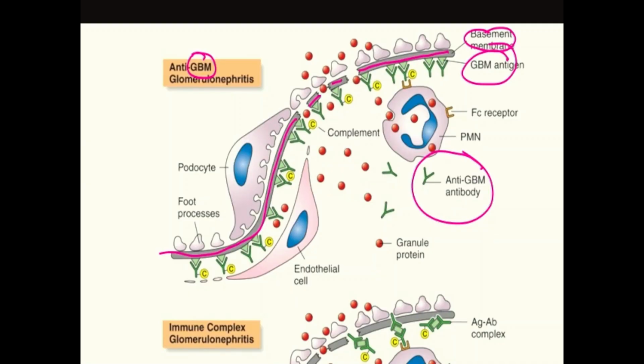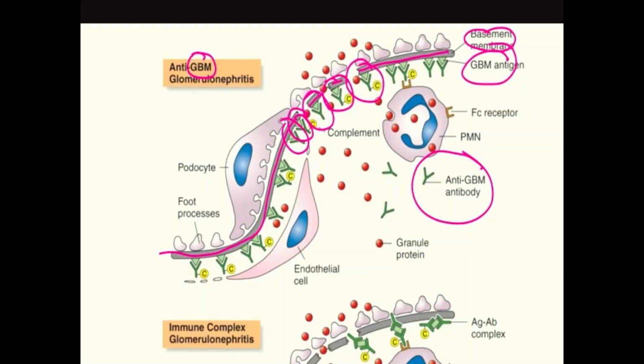So it's going to attack the basement membrane because it's an antibody against the basement membrane. You see here it starts to attack and bind to the antigen on the GBM, so it's going to turn it off and damage it.